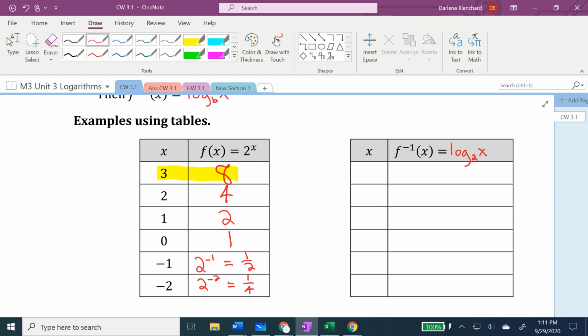So that means one of the points of the logarithm is 8, 3. Another point of the logarithm is 4, 2. Now I want you to finish this table. All of you finish this table. You are capable of reversing all of these.